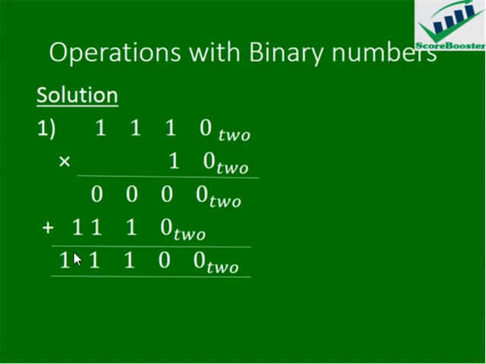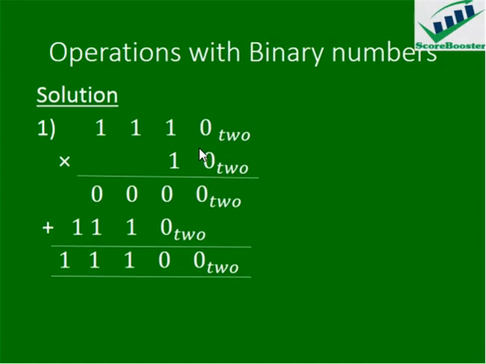The next thing to do now is to add. 0 plus 0 will give 0, 0 plus 0 will give 0, 0 plus 1 will give 1, 0 plus 1 will give 1, 0 plus 1 will give 1. To check if this is correct, you can change this to base 10, change this to base 10, and multiply them together.